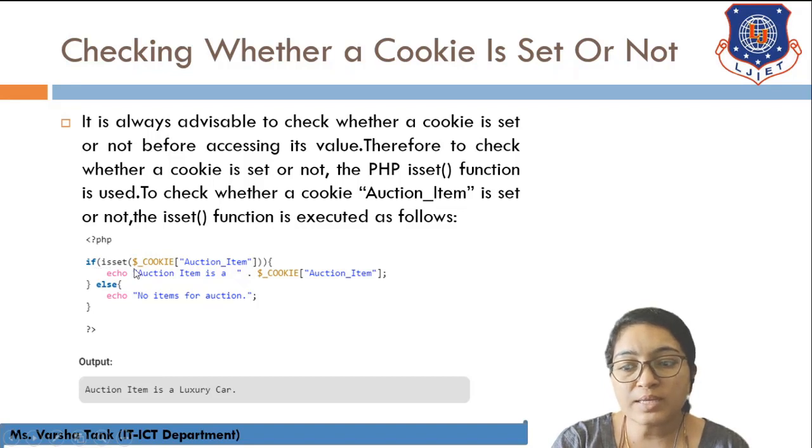If isset, dollar cookie, and in square brackets you have to write the cookie variable. So our cookie variable is what? Auction item. So isset dollar cookie auction item, then echo auction item is dollar cookie auction item, else echo no items for the auction. Like this way you can check whether the cookie is set or not using the isset function.